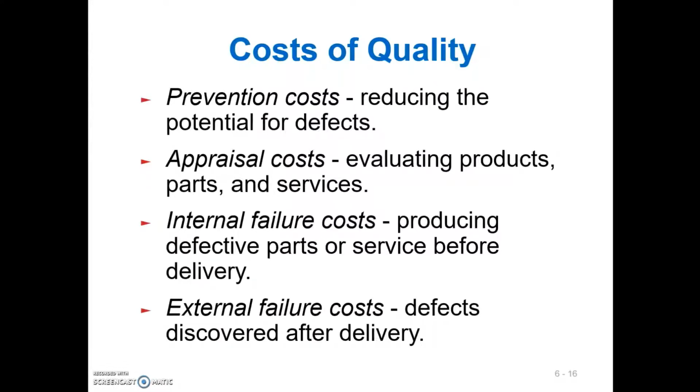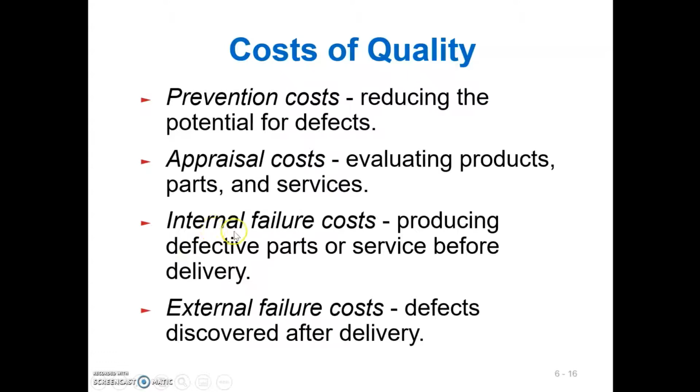Okay, so in this slide, it explains to us what are the costs involved when we want to ensure quality. The first one is prevention costs, where we are trying to reduce the potential existence of any defects. Second is appraisal costs, where we spend time and effort to evaluate products, parts, and services.